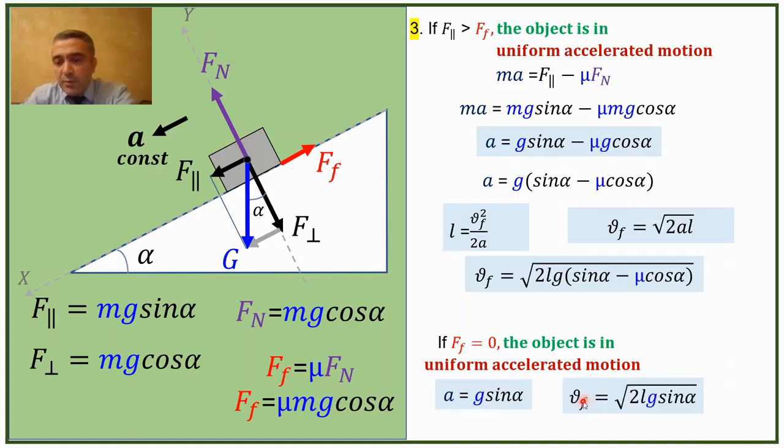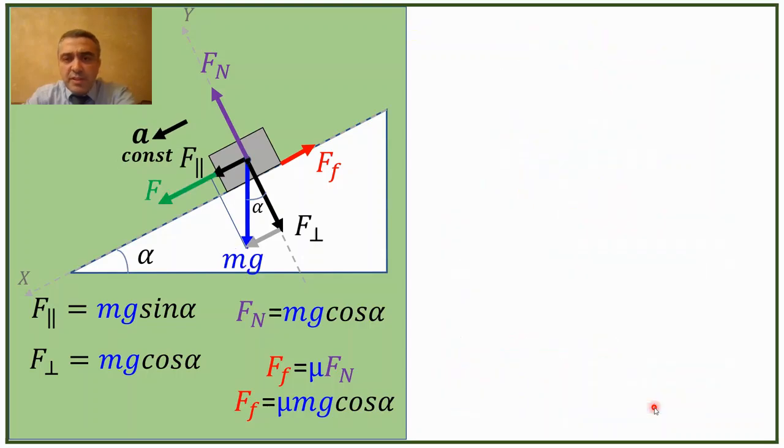And the final velocity for the object placed on the frictionless surface equals the square root of 2 multiplied by the length of the inclined plane multiplied by g sine alpha. G is the gravitational intensity.